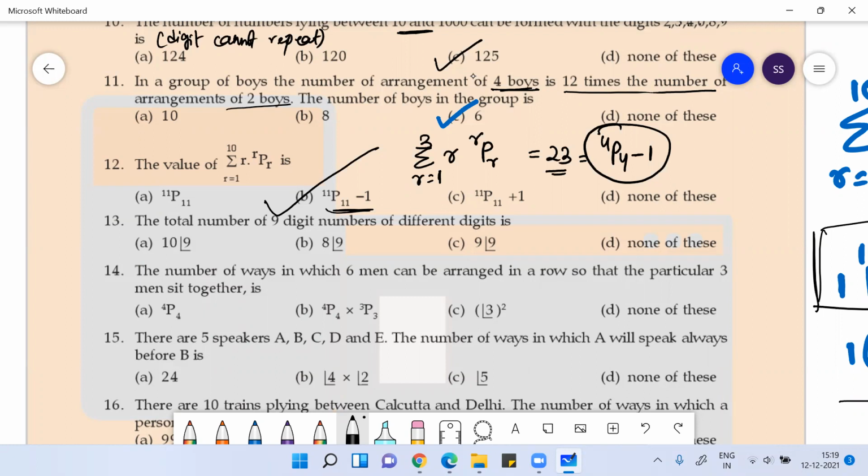Any doubt, anyone? Anyone, any doubt? Any doubt, guys?